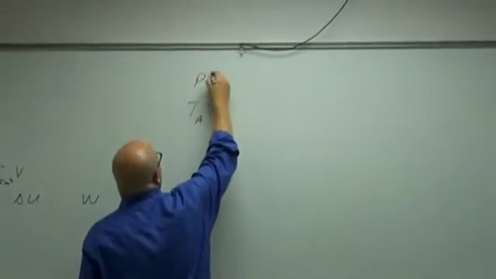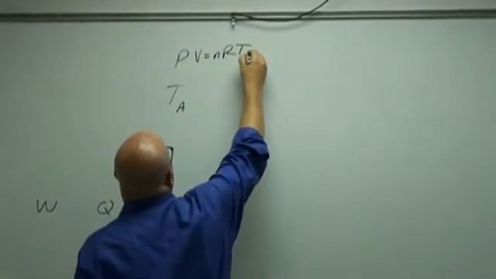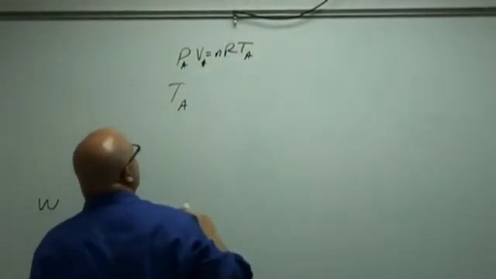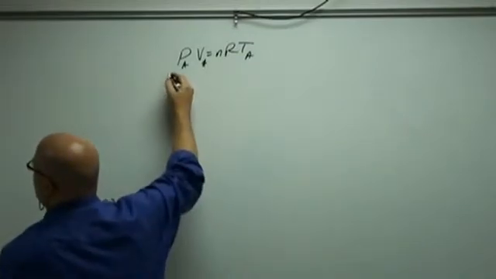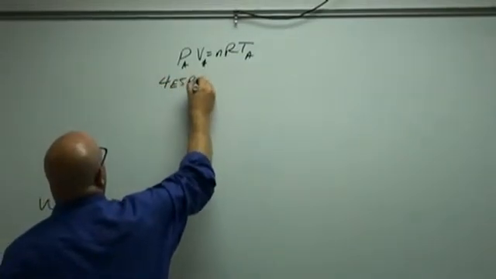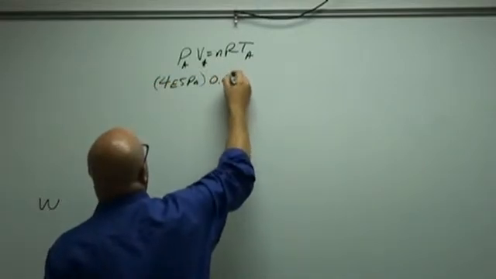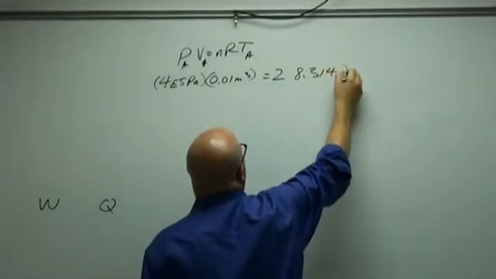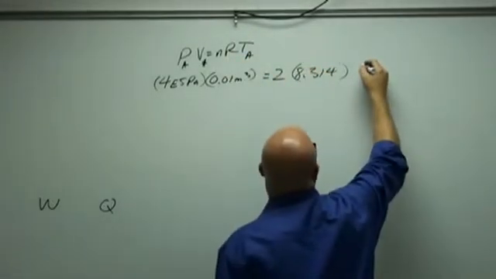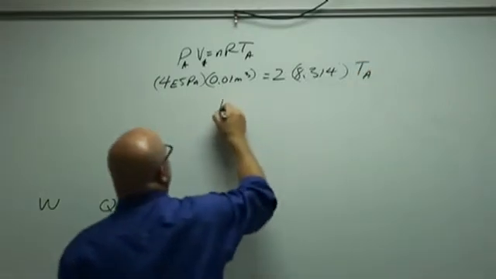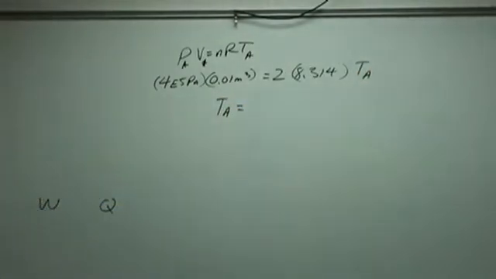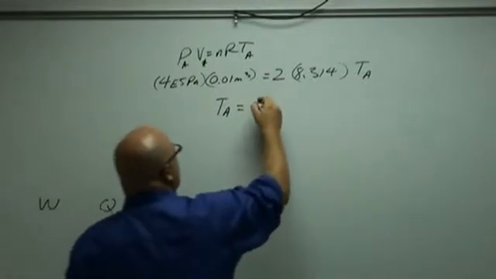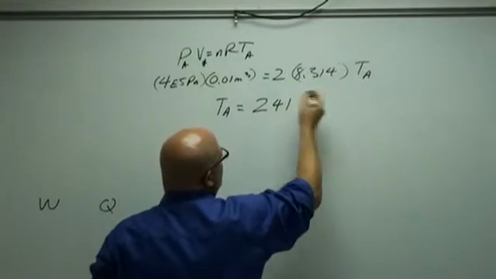Okay, because we have PV equals nRT at point A, so we want the pressure and volume at point A. So we would do 4e5 pascals times 0.01 meters cubed equals n, which is 2, times 8.314 for our gas constant, times the temperature at point A. So hopefully I have a number that's reasonable. 240.56. 241-ish, right?